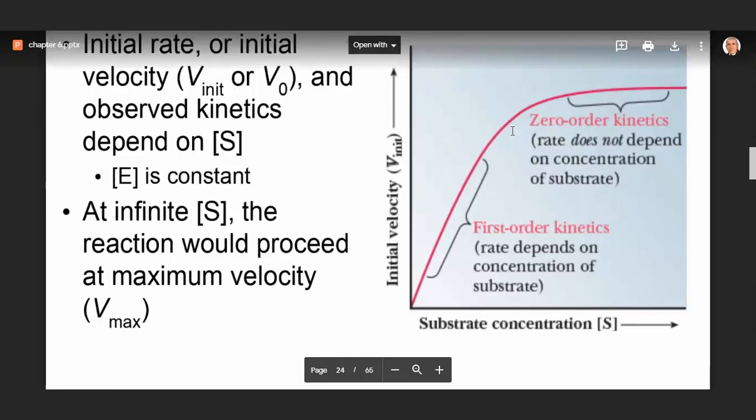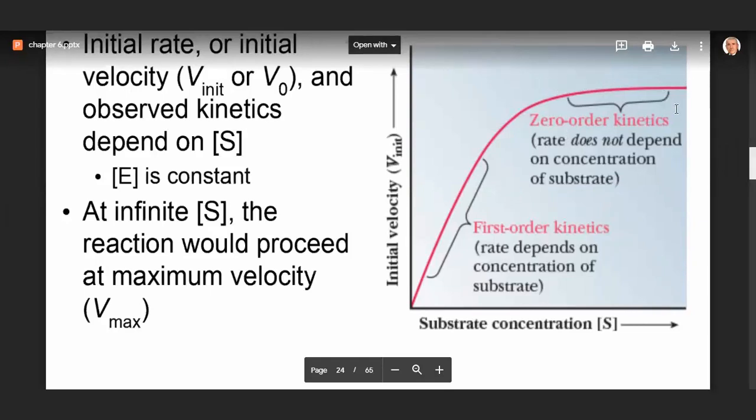Then after that, at infinite substrate concentration, the reaction would proceed at maximum velocity. You see here, we have maximum velocity. And in this case, no matter how much substrate you add, the velocity is constant.